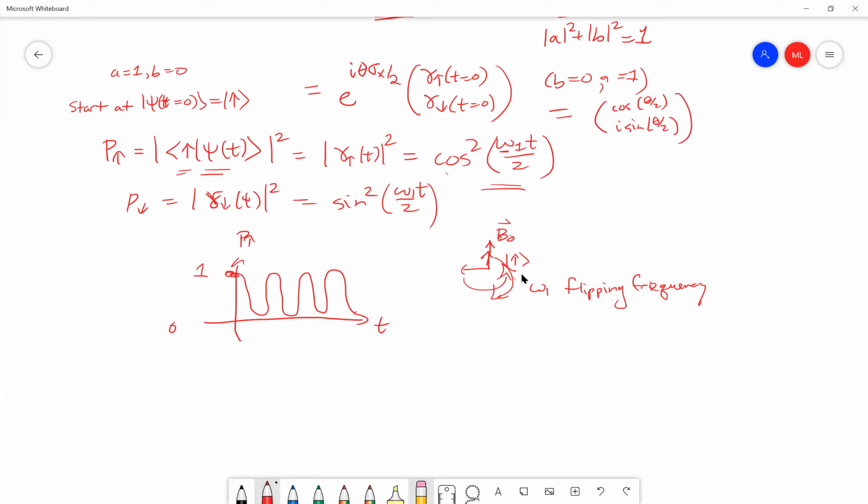It goes between up and down, and these are called Rabi oscillations. This is kind of the maximal effect, right? This is on resonance. It means this is the most that oscillating field can do. It can actually flip the entire direction of the spin from up to down with this frequency omega 1.